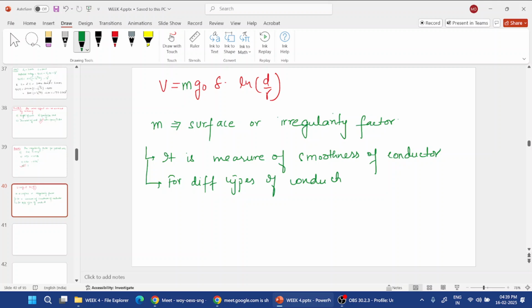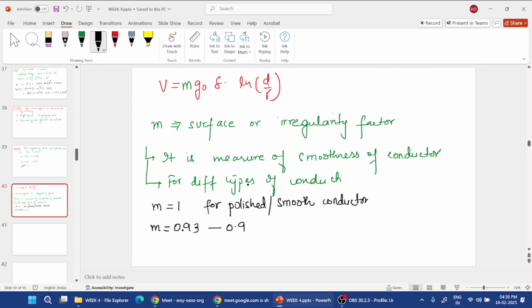Like for any polished one, which I just asked in the question, it is 1 for polished and smooth conductor. But for any rough and stranded conductor, its value ranges from 0.93 to 0.98.